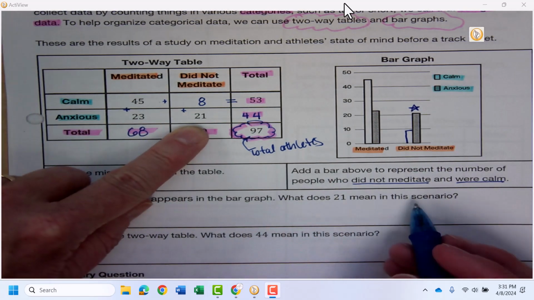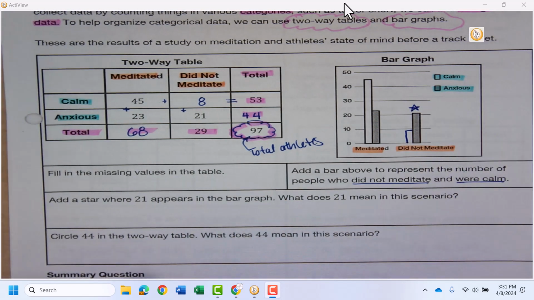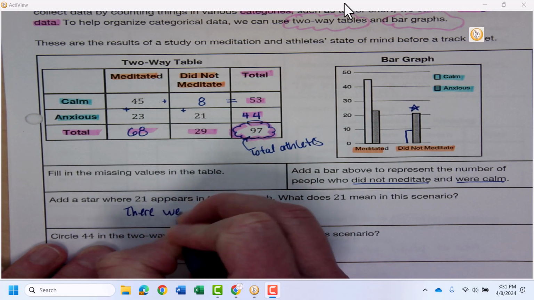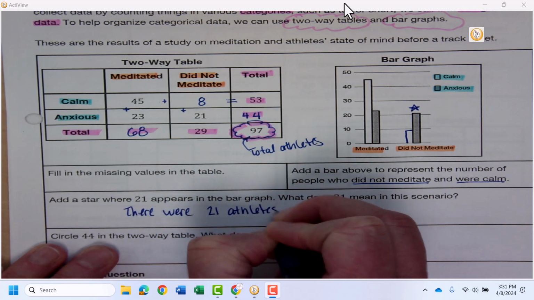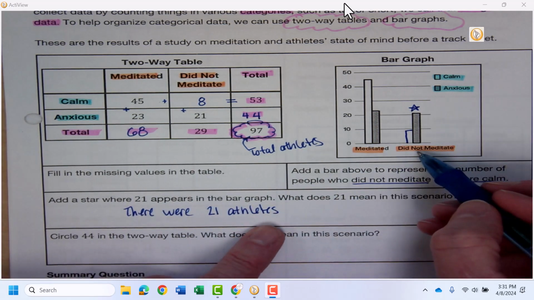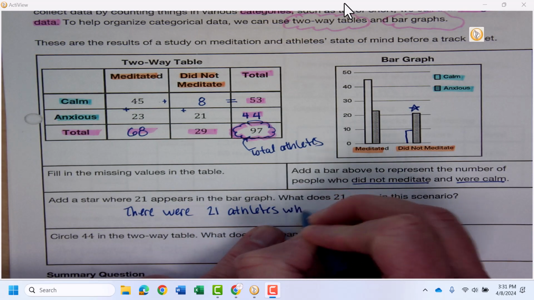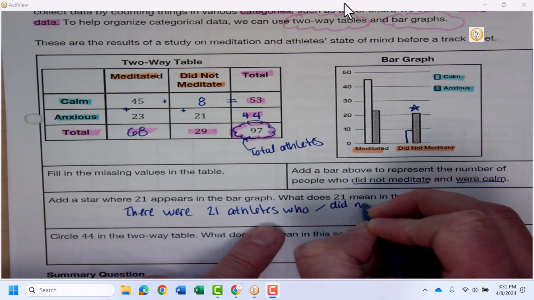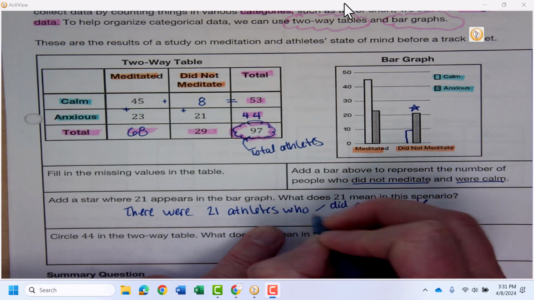That 21 in this scenario means there were 21 athletes who did not meditate and were anxious. Those are our categories. Did not meditate and were anxious.